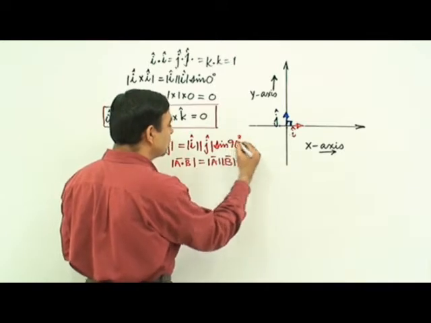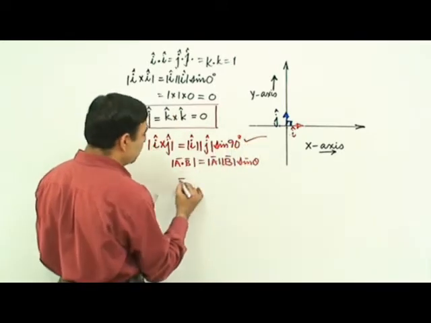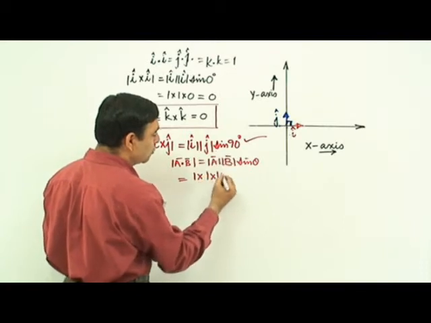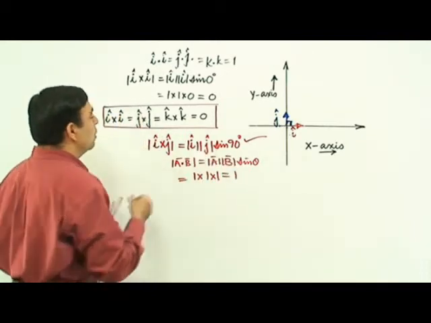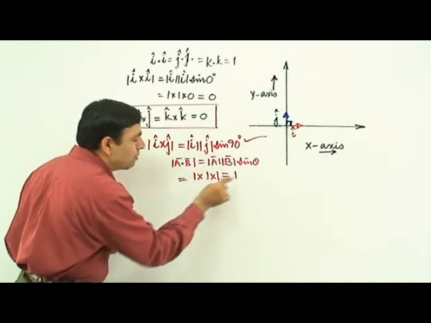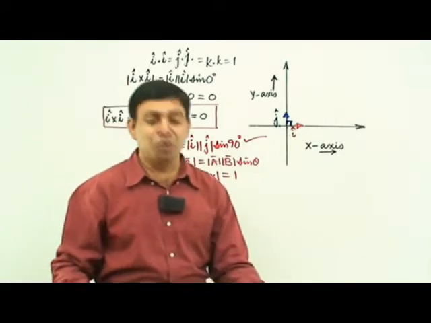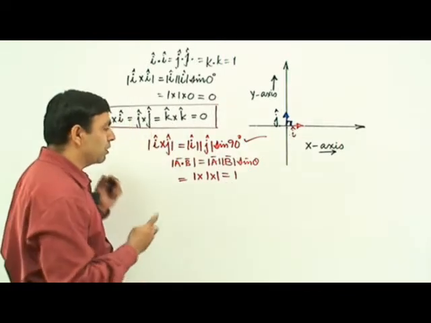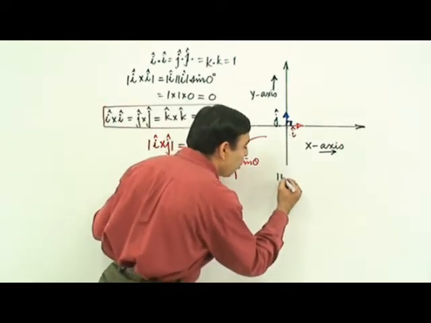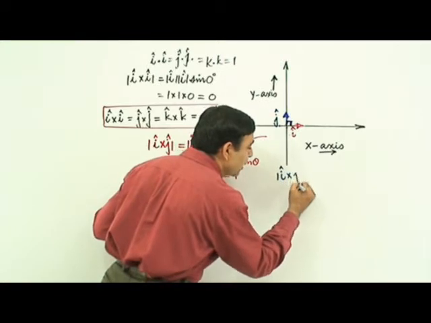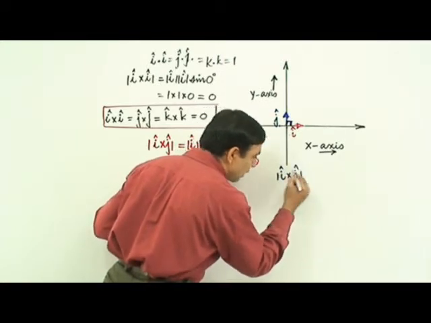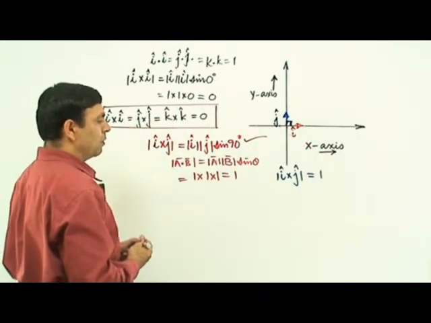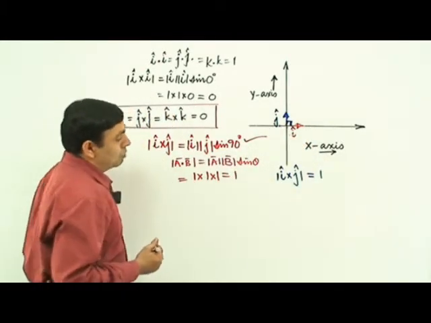Mod i is 1, mod j is 1, being unit vectors, and sin 90 is also 1, so this is 1. That means mod of i cross j is 1, which means i cross j is a unit vector. Clear? Its magnitude is 1, so i cross j is a unit vector. Fine? And now what about its direction?